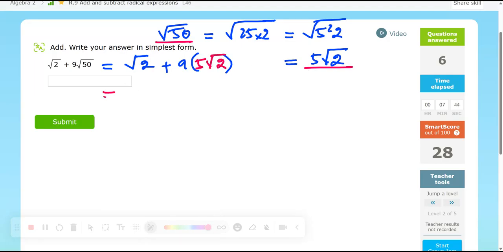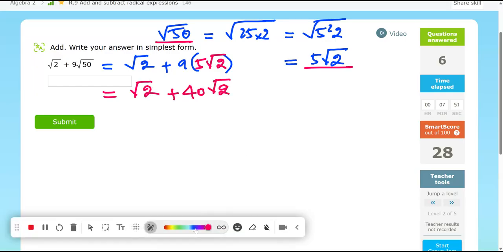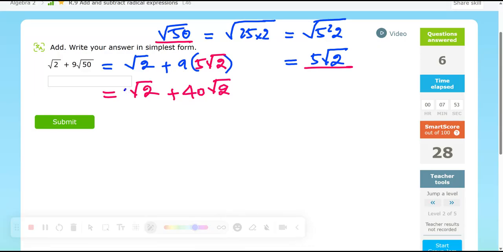So now I come out with square root of 2 plus 40 square root of 2. If you don't see a number in front, it means it is 1. So 1 square root of 2 with 40 square root of 2 becomes 41 square root of 2. That is the answer.